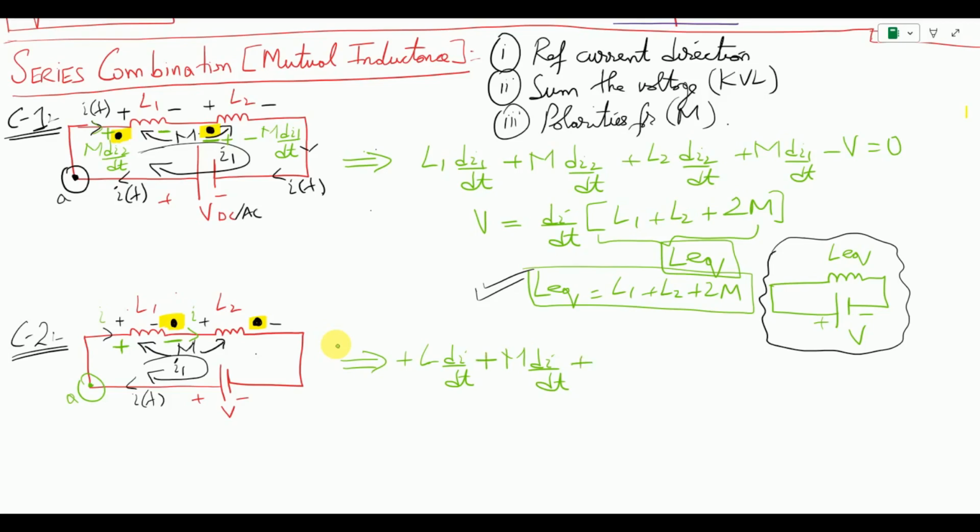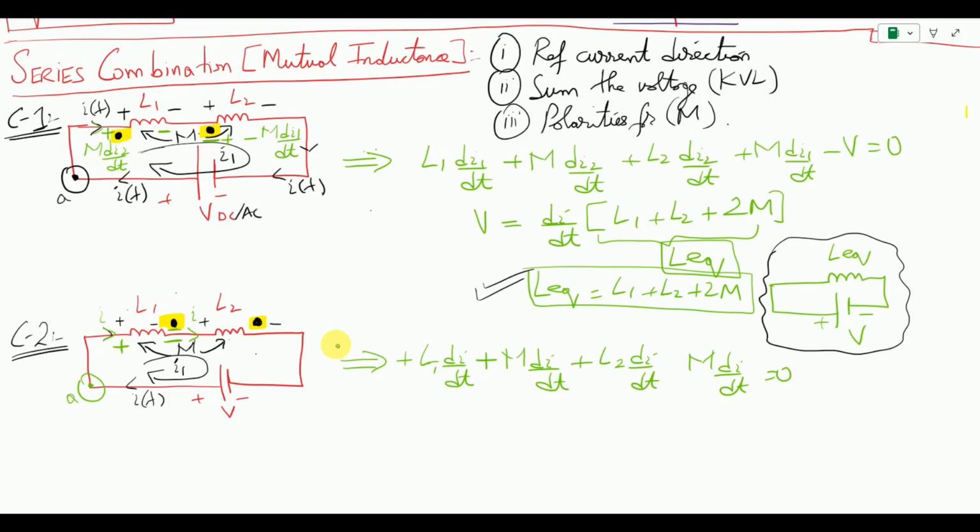Then we come to the second inductor. So this is L1, this is now L2 di by dt, and then I need to write the equation for M di by dt. So this is the effect of M on L2 through L1. I look at the current I entering L1, and we see that the current is leaving the dotted terminal over here.